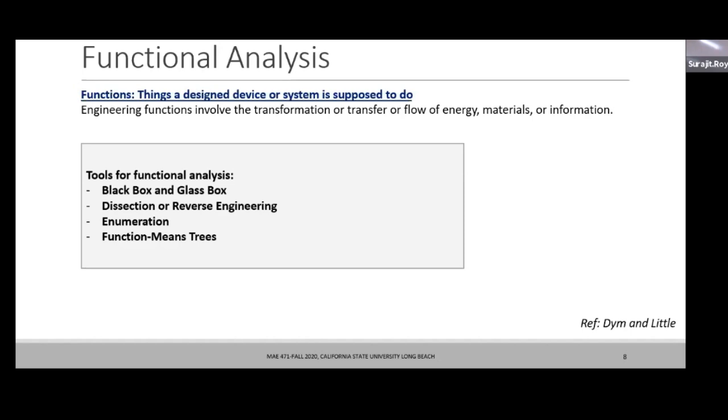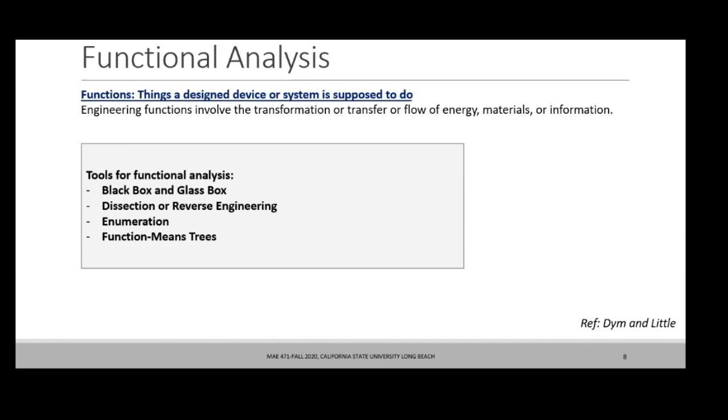That is the only reason you do reverse engineering: to understand the functions of the system, not to copy the specific design components, but to understand what the function of each component is, and then you brainstorm about different means to achieve those sub functions.